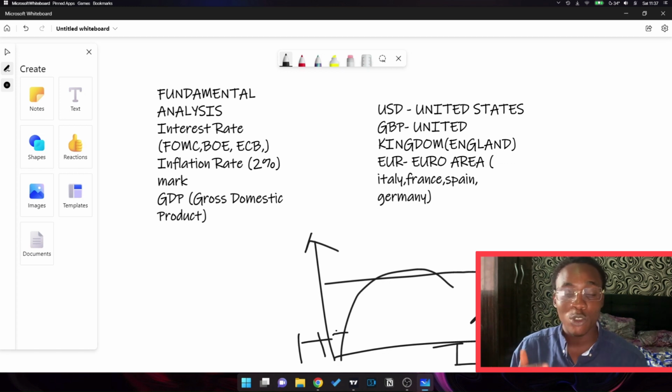Controlling this and hiking their rate simply means the USD is going to be strong for the upcoming month or quarter. You can see how I've judged my market sentiment, my market bias, by just this data.